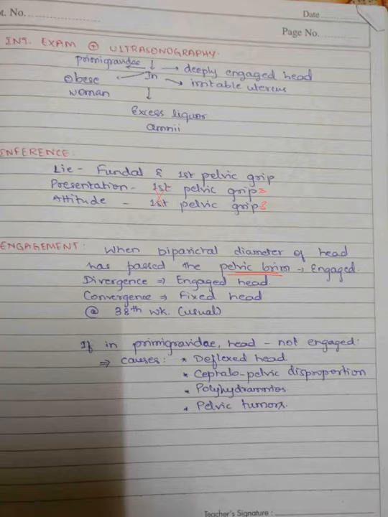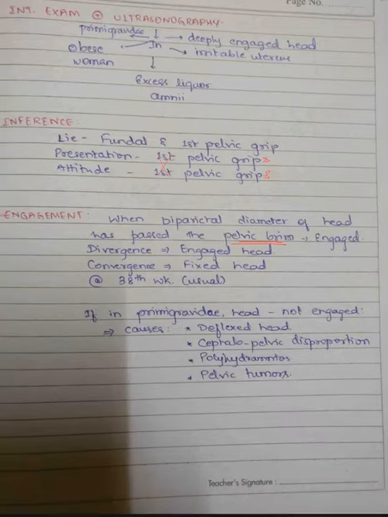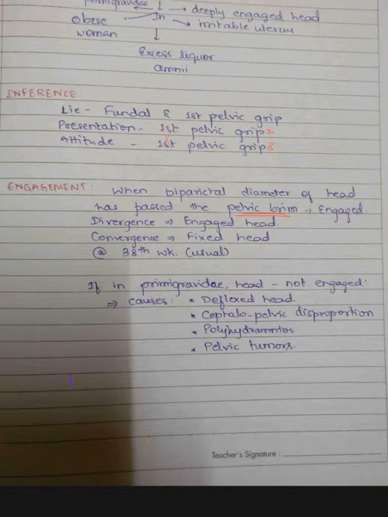Remember one more important concept, that is about the fixing of the head. Engagement does not always mean that the head is fixed, because sometimes even if the head is not engaged, the head might get fixed to the ischial spines. It can get fixed while the biparietal diameter has not passed through it, so we cannot call it an engaged head.